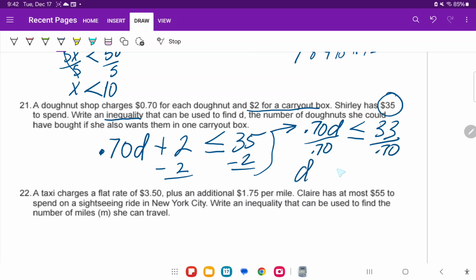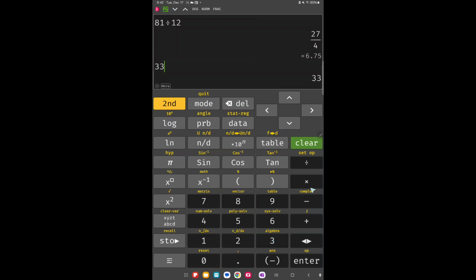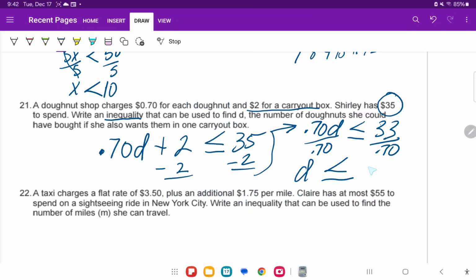So the number of donuts would be less than or equal to 33 divided by 0.7, and that's going to be 47.14. All right, so less than or equal to 47.1.